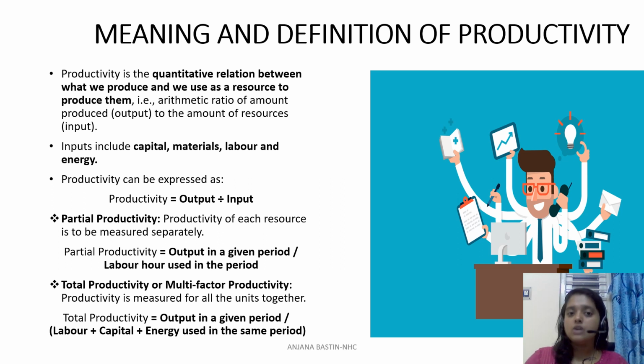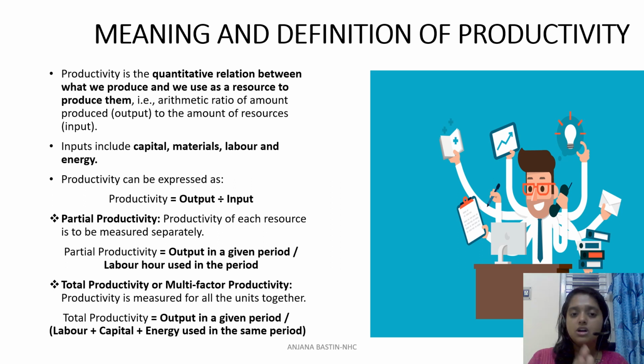Out of all those inputs, one factor which is very crucial when it comes to work study, time study, and all that is labor. Partial productivity is calculated specifically by considering the labor resource.